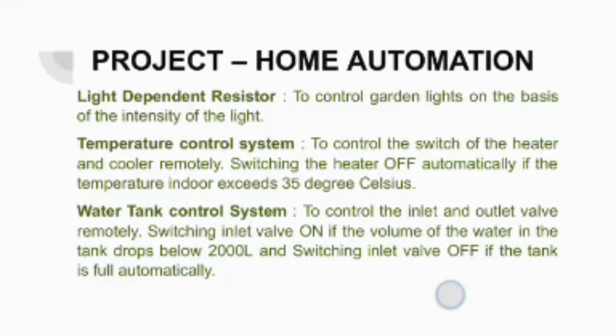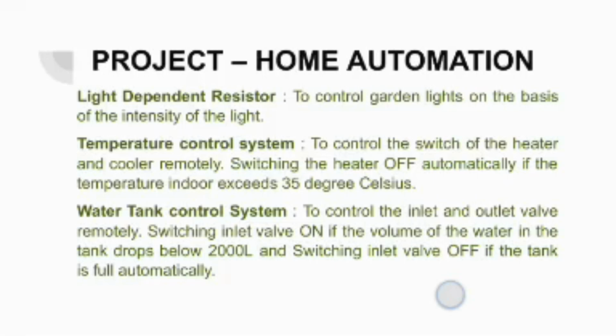Now, coming to the temperature control system, it controls the switch of the heater and cooler remotely, switching the heater off automatically if the indoor temperature exceeds 35 degrees Celsius. If it exceeds 35 degrees Celsius, the cooler will automatically turn on. Then the water tank control system: we are using a 2000 liter water tank to control inlet and outlet remotely.